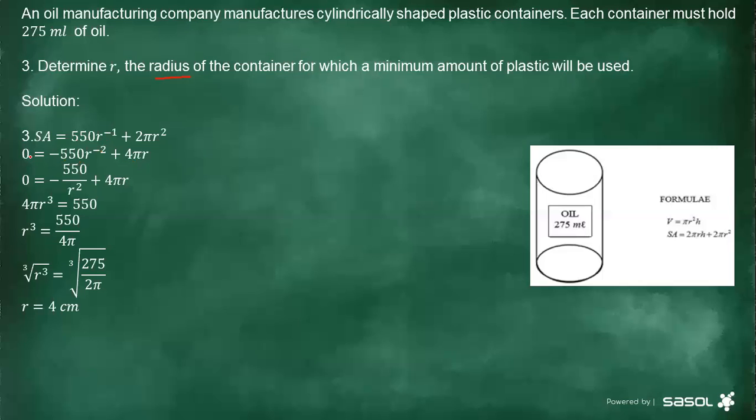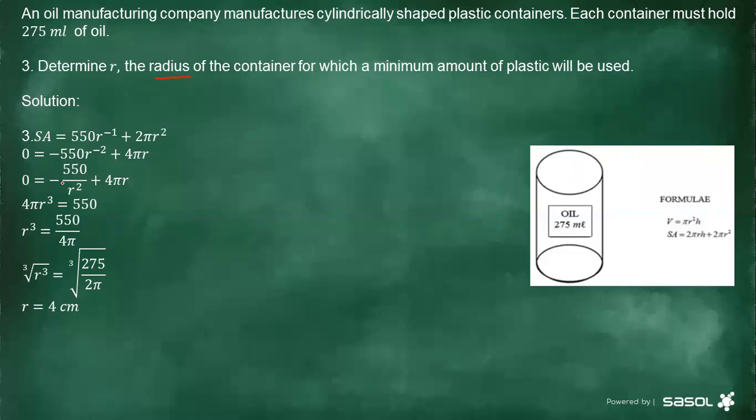Then you equate it to 0. Since we need r, we make the negative 2 exponent positive, and this is what we have. Because we want the value of r and we have a fraction, we can get rid of it by multiplying each term by the denominator, r squared.